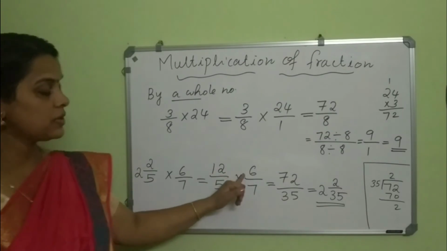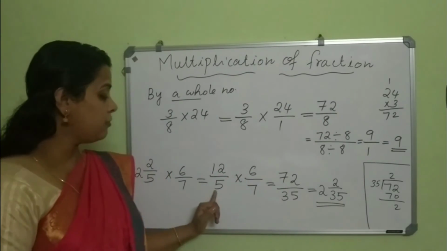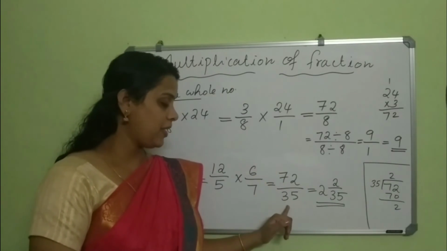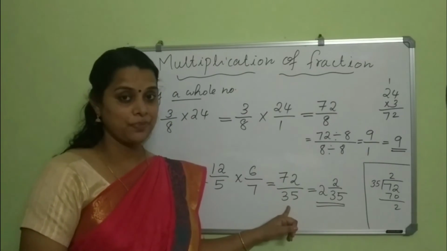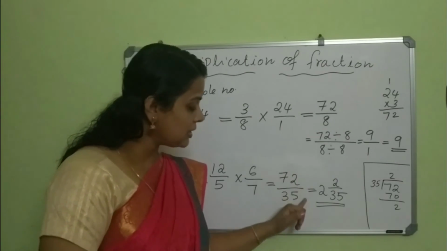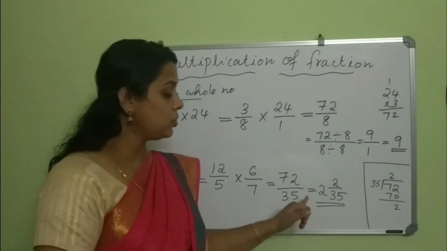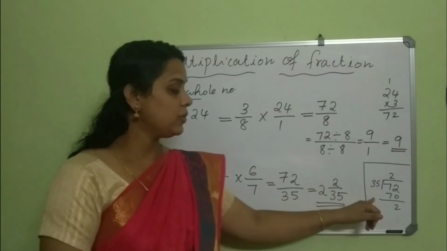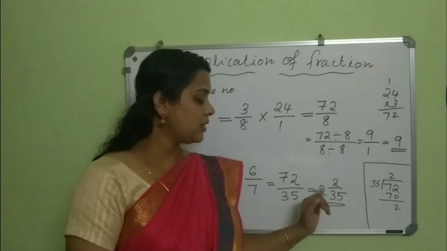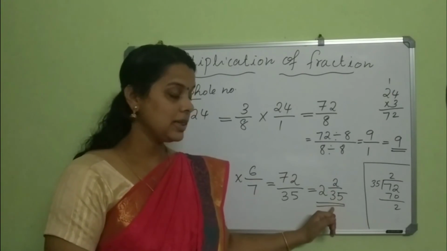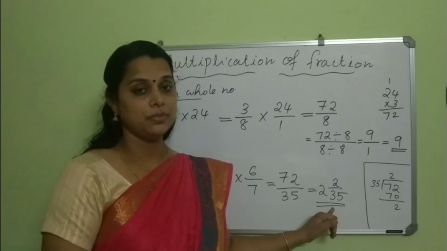So 12 into 6, that is 72. 5 into 7 is 35. 72 and 35, is there any common factor? No common factor. So we have to convert this improper fraction into a mixed fraction. 72 by 35, we divide it and convert it into a mixed fraction. That is 2 2 by 35. That is the answer.